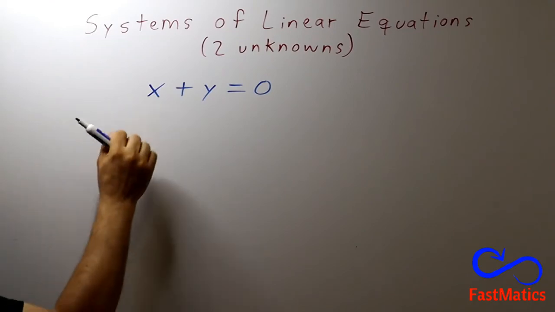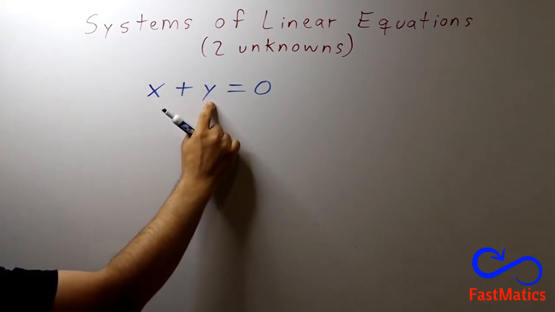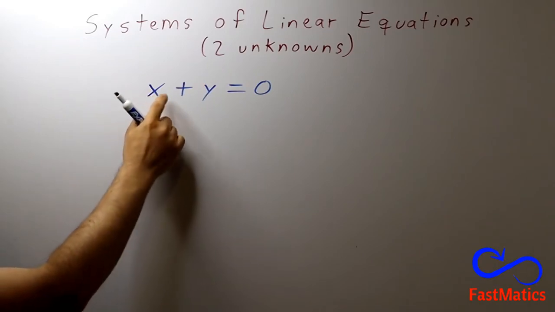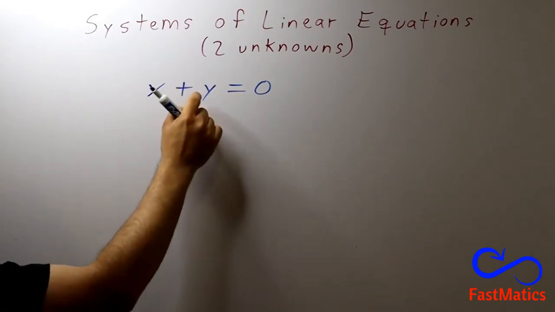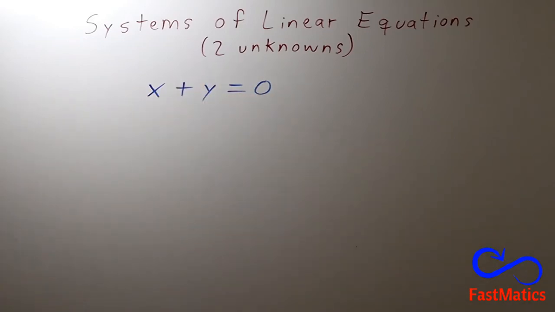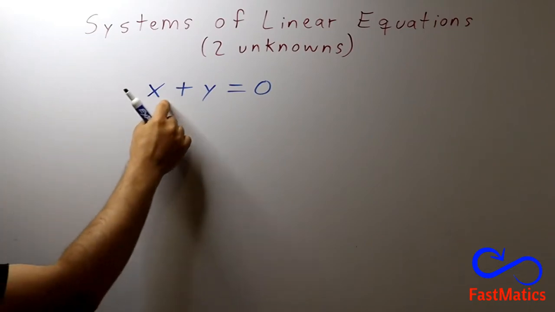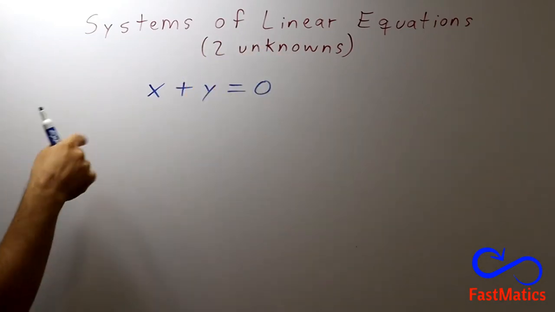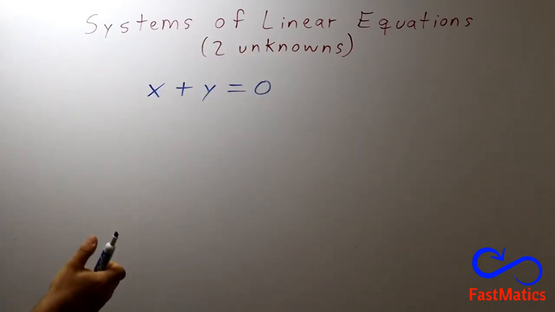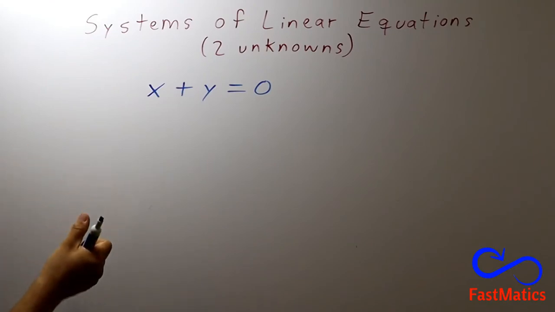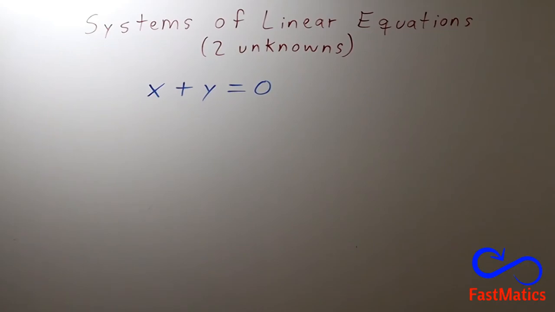For instance, 1 plus negative 1 is 0. 2 plus negative 2 is 0. 3 plus negative 3 is 0. In general, if you have more than one unknown in an equation, and you have only one equation, you will always have an infinite number of solutions.